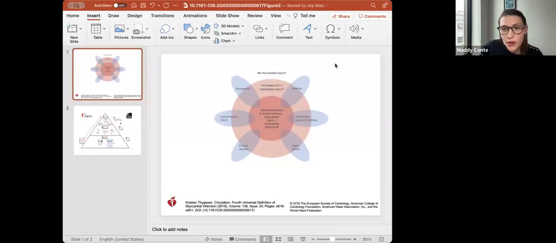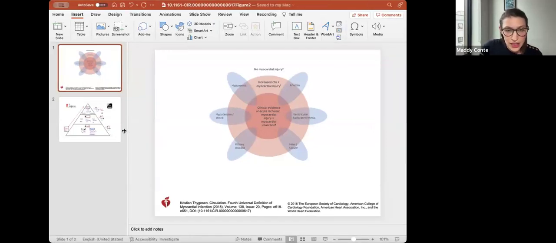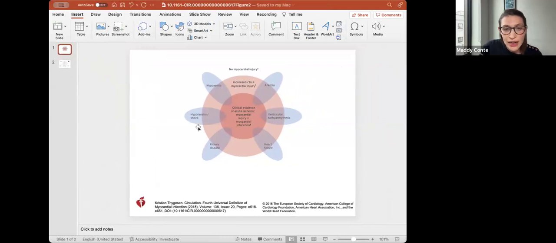So I'm going to show you an image just because I thought it was a helpful way to frame this concept. Can you all see this? Okay. So this light pink here is showing the full circle of myocardial injury, and it shows increased cardiac troponins is what's defining myocardial injury.